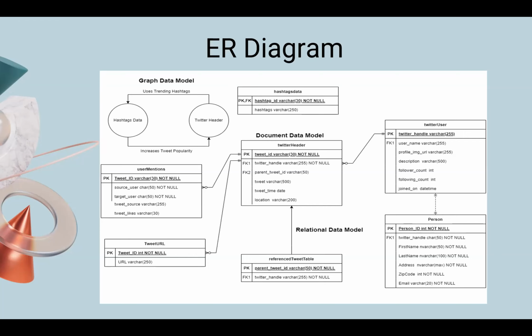Our reference tweet table has information like parent tweets and child tweets. And our graph data model maps hashtag data to tweet location, and tweet location is a part of the Twitter header table. So yeah, this is about our ER diagram.